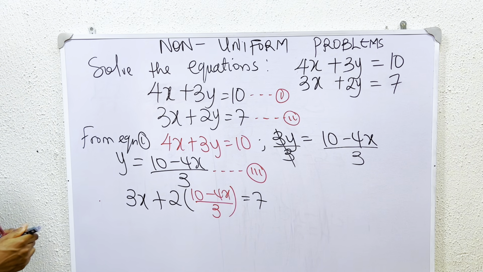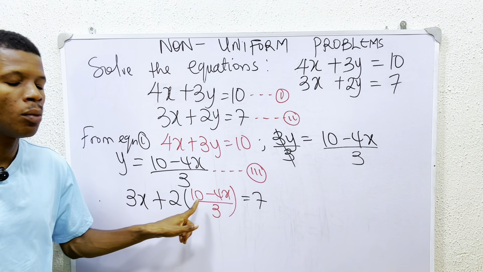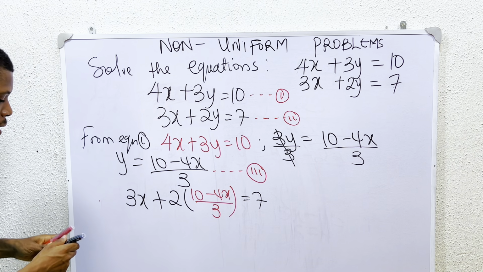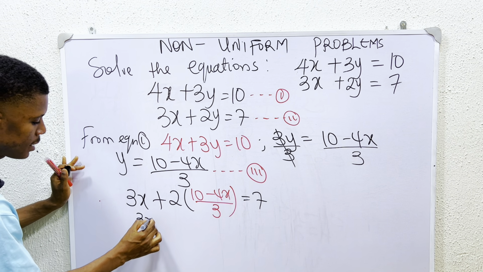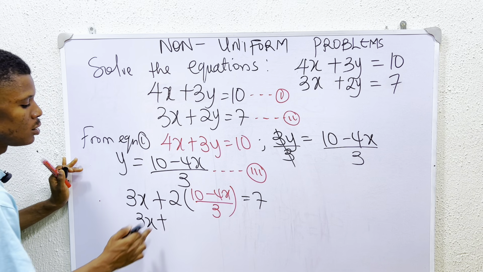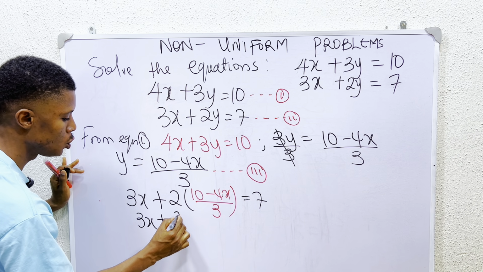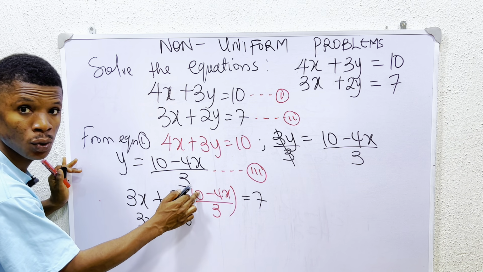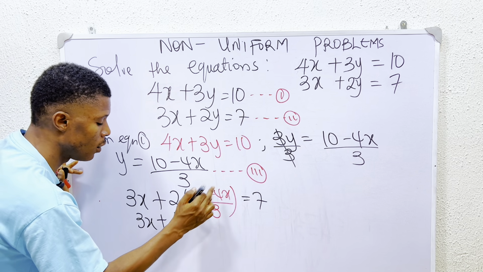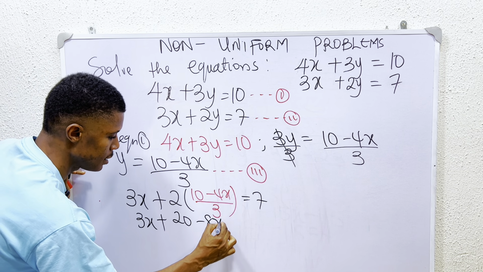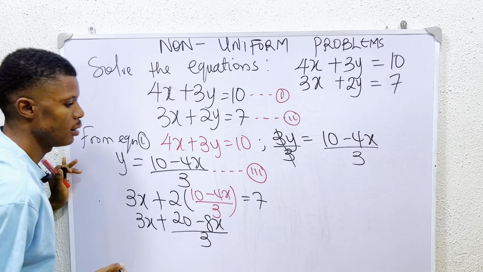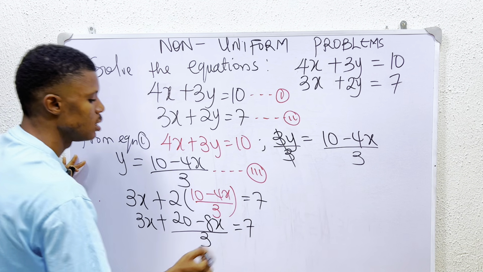To open the bracket, we use 2 to multiply the terms here. So we have 3x plus 2 times this will give you 20. 2 times 10 is 20, 2 times 4 is 8, minus 8x over 3. And that's equal to 7.